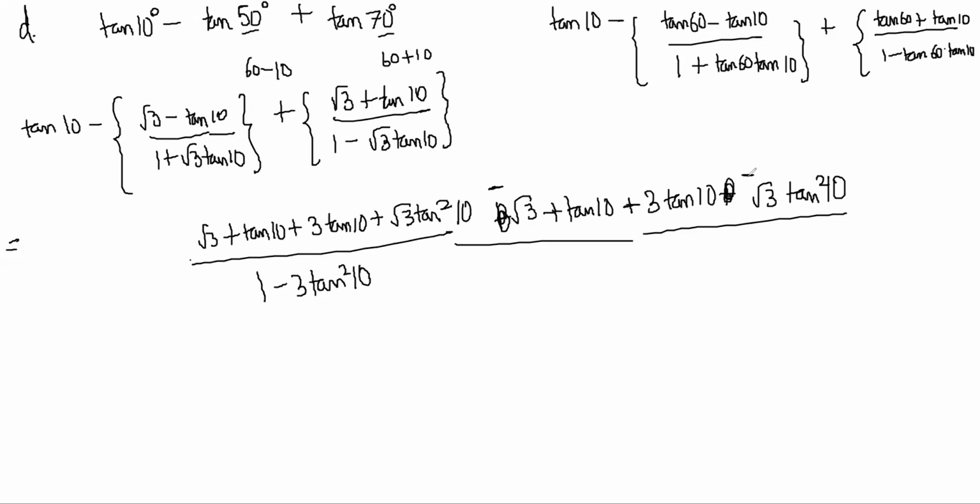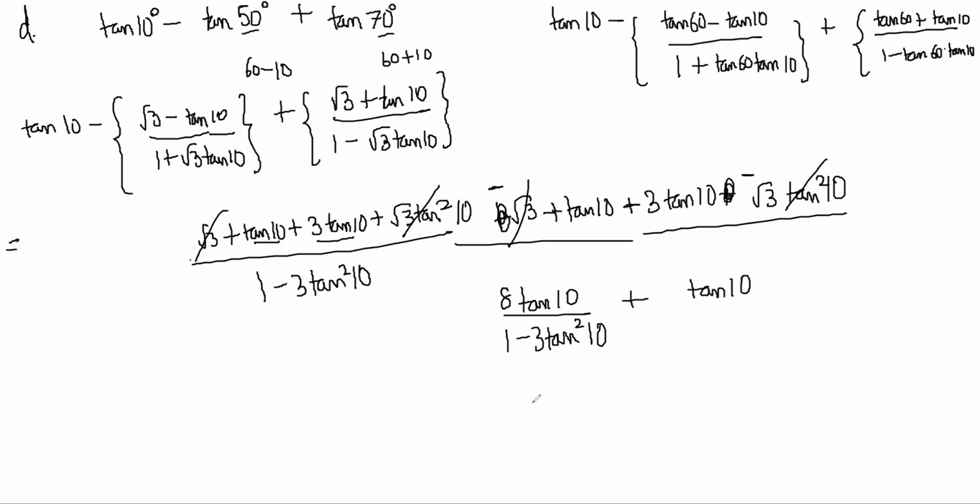This becomes a minus. Okay, so root 3 cancels. 3 tan 10 and plus 3 tan 10. This becomes a minus, so this cancels. So you get tan 10 plus 3 tan 10, so 4 tan 10 from there and 4 tan 10 from there, so 8 tan 10 by 1 minus 3 tan square 10, plus tan 10.